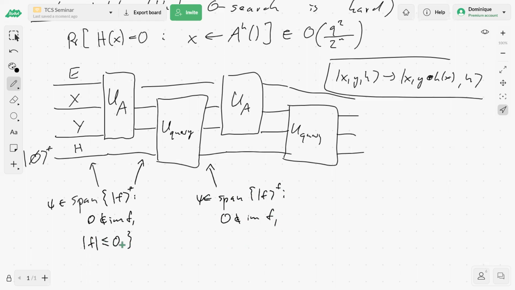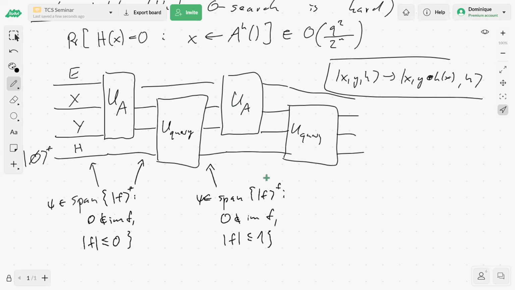But the size is not zero anymore because we have queried one position. So the size is now at most 1. So this is the new invariant after uQuery. I will come to the error in a moment.